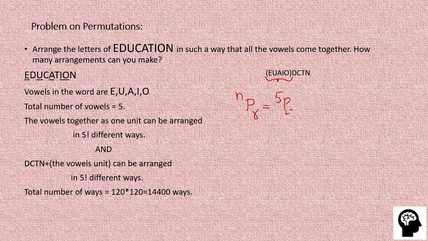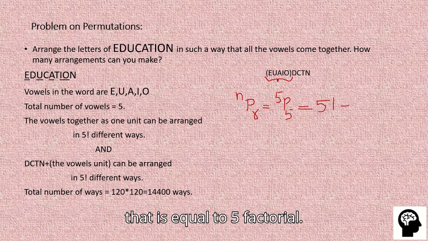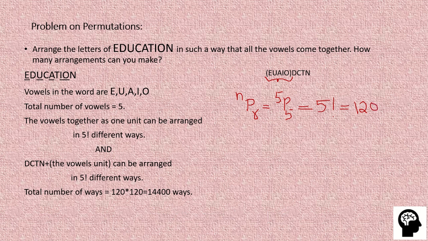So that is 5P5. That is equal to 5 factorial. They are calculated as 120 different ways.